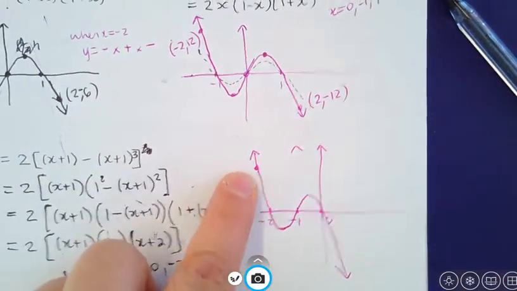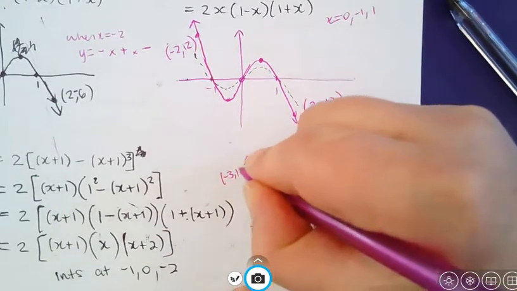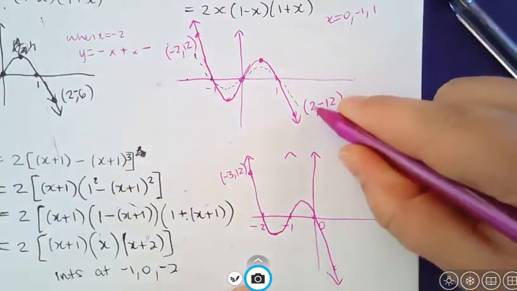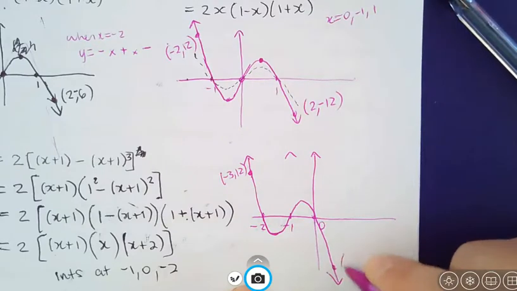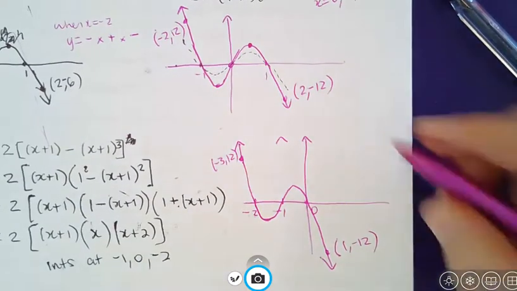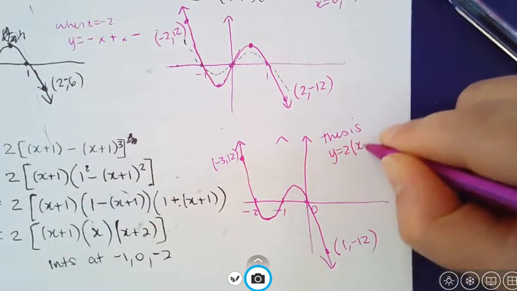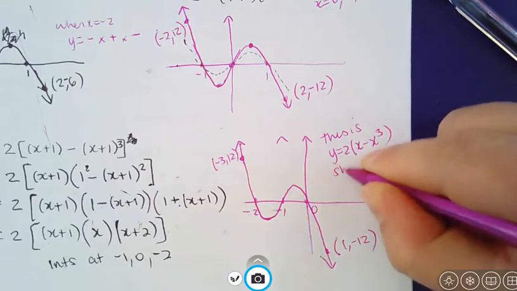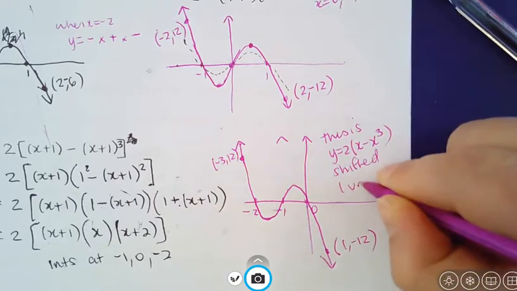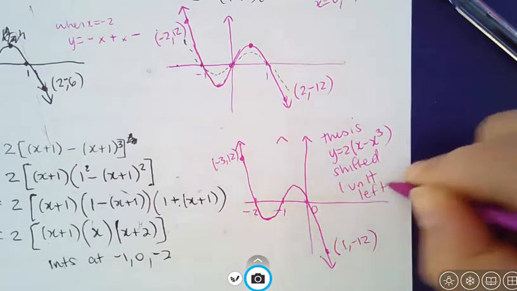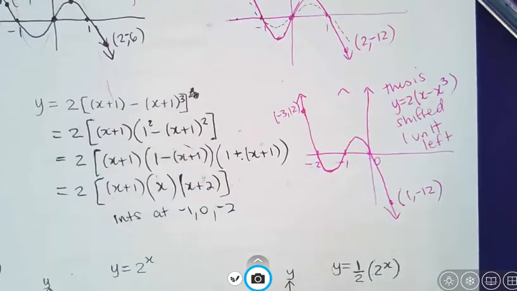Anyone? -3, 12. And this one, instead of 2, -12, it's 1, -12. Okay? So this is y equals 2 bracket x minus x cubed shifted 1 unit to the left. Okay? I know that one's tricky.